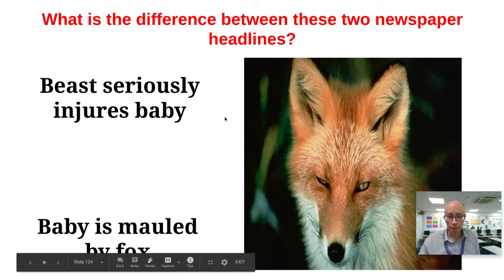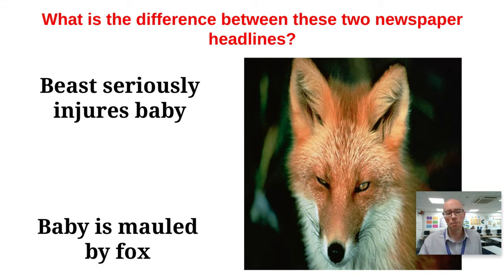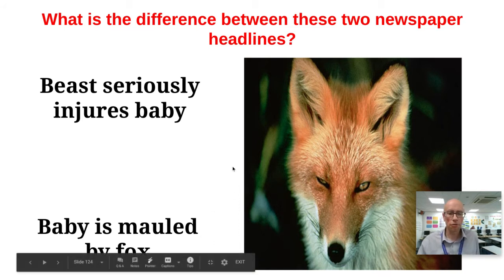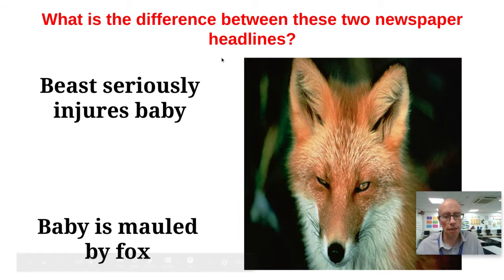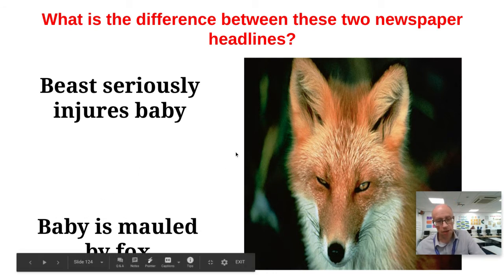This, on the other hand, is a passive voice sentence. Baby is mauled by fox. Now, this fox that's been doing the mauling is relegated to the back end of the sentence, and it's the baby that's the focus of it. And so, of course, we're going to feel absolute horror at the idea of this poor child being injured in this way. So this is the passive voice. What would usually be the object in the active form has been put at the start of the sentence.